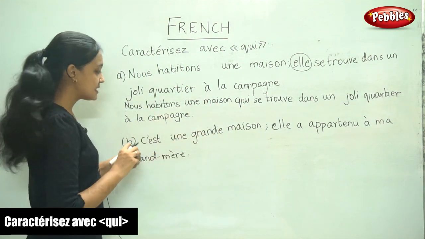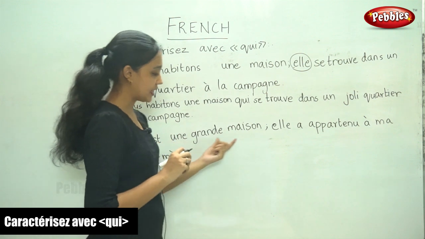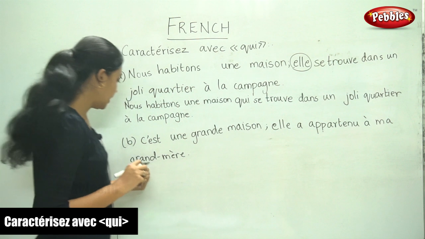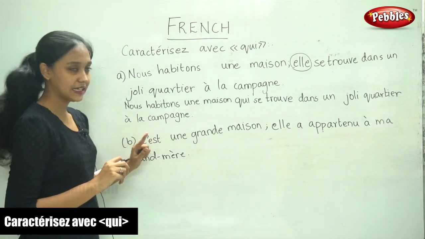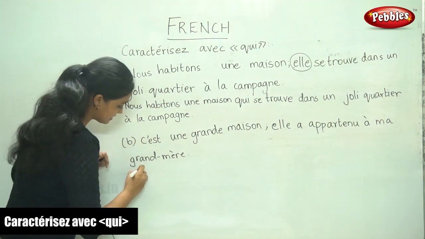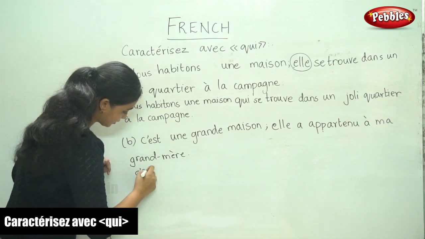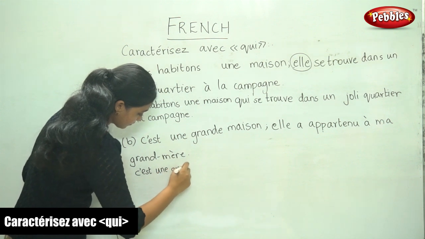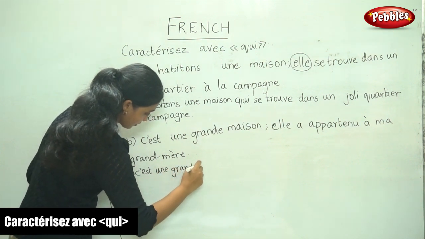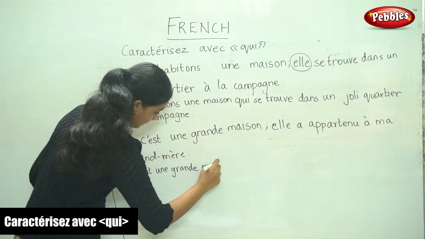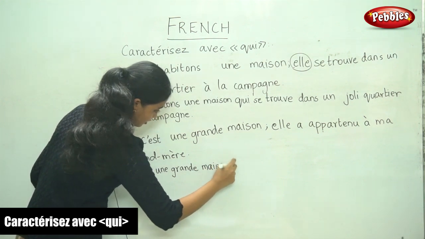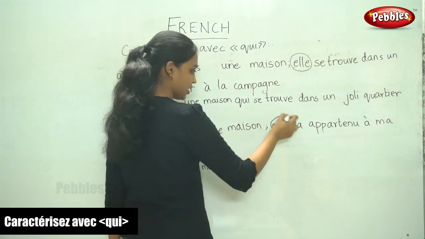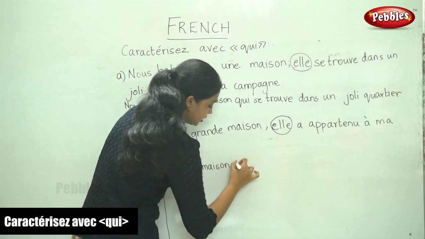Now the next sentence. C'est une grande maison. Elle a appartenu à ma grand-mère. So again, the first part of the sentence remains the same. C'est une grande maison and the subject is replaced with qui.